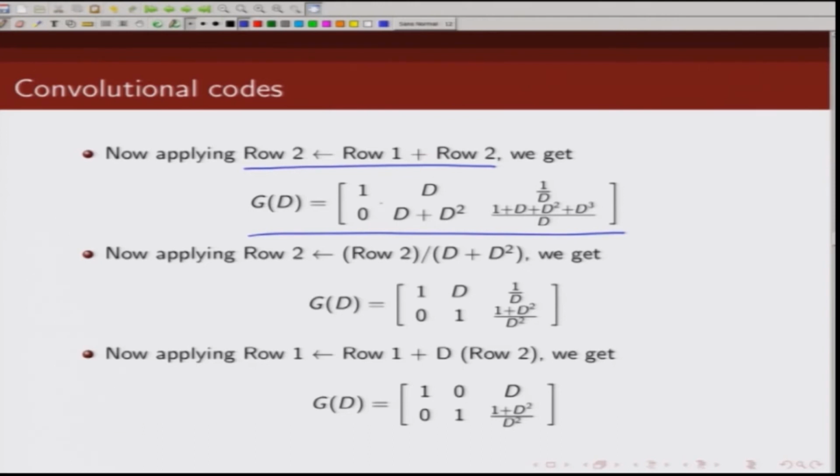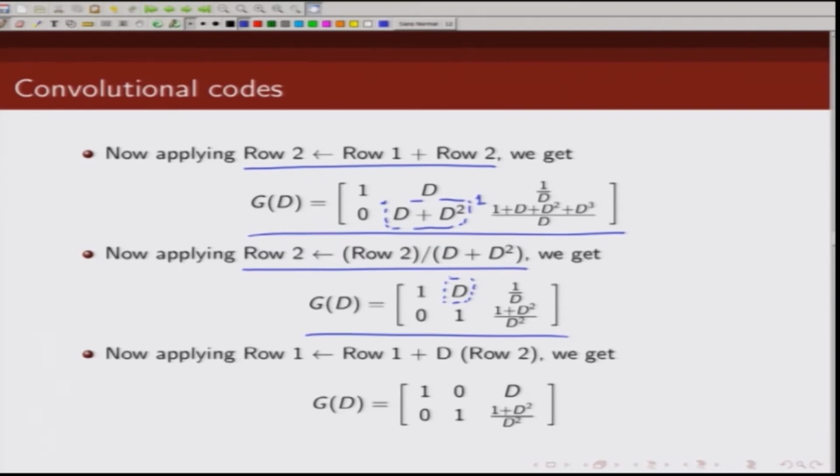Next, we would like to get a 1 here. How can we get a 1 here? We divide row 2 by this. So, we do this transformation, row 2 is row 2 divided by D plus D square, and once we do that, we get this. Next, we would like to get a 0 here, right. How do we get a 0 here?